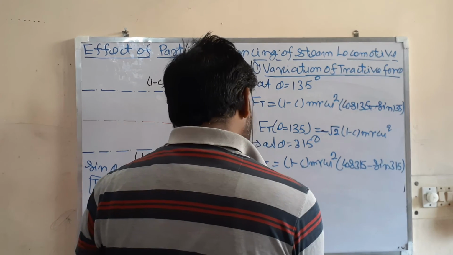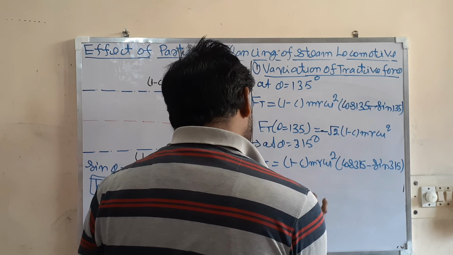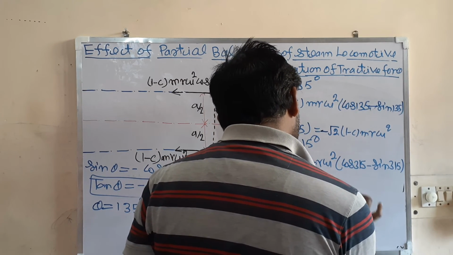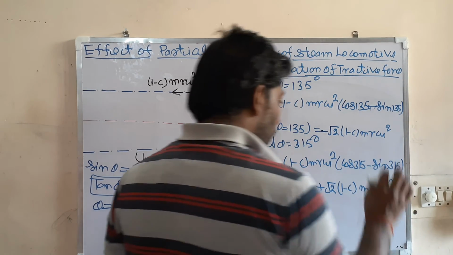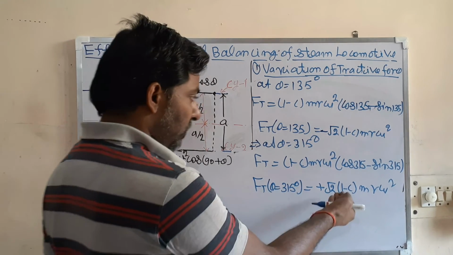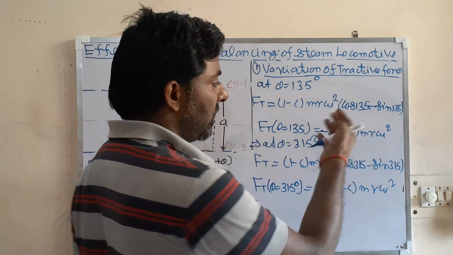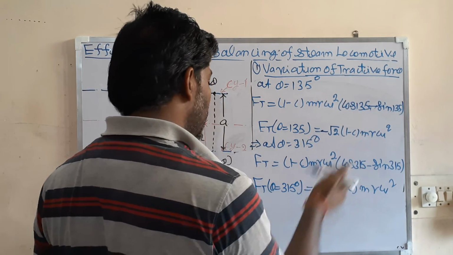When you solve this, you will get Ft at theta equal to 315 degrees is equal to plus root 2 (1 − c) m r omega square. So this is the maximum value and this is the minimum value. Just the magnitudes are the same, only their directions are different.